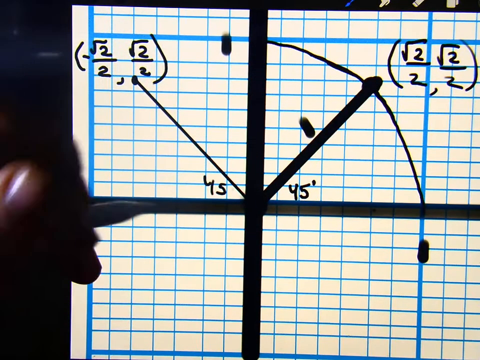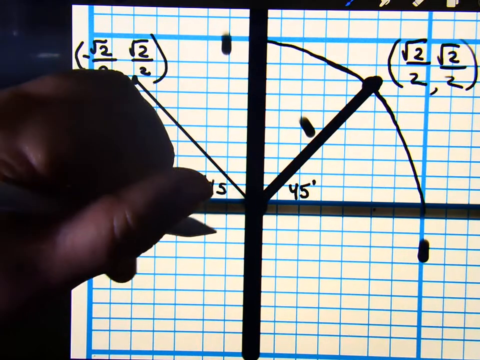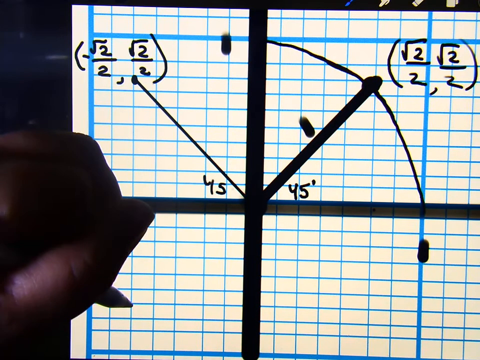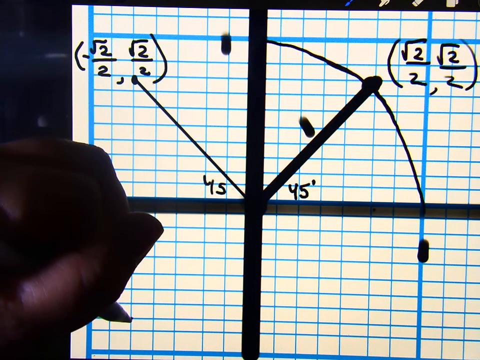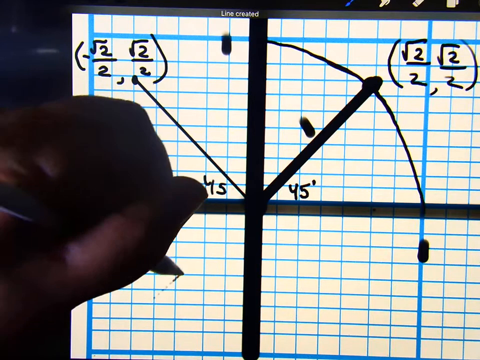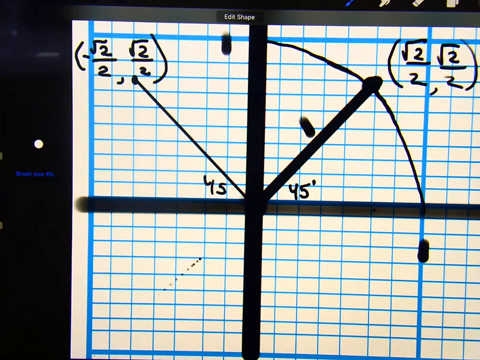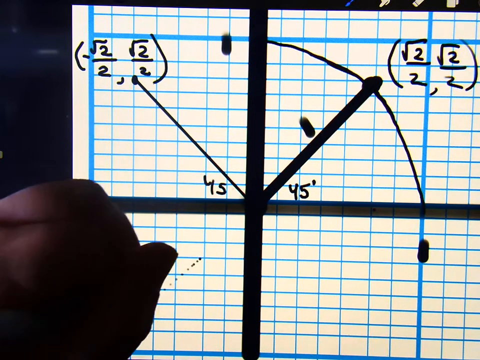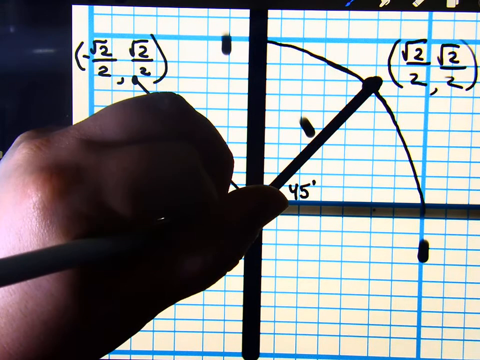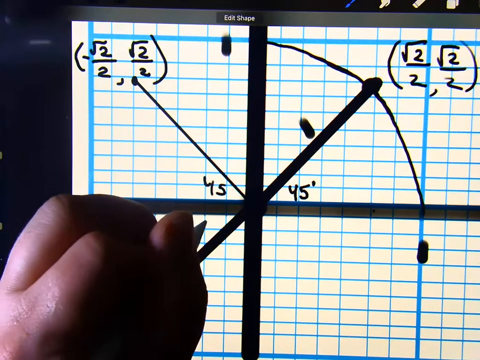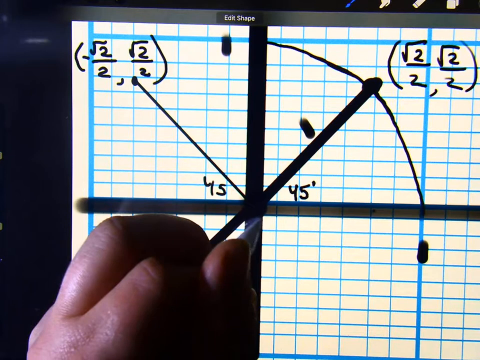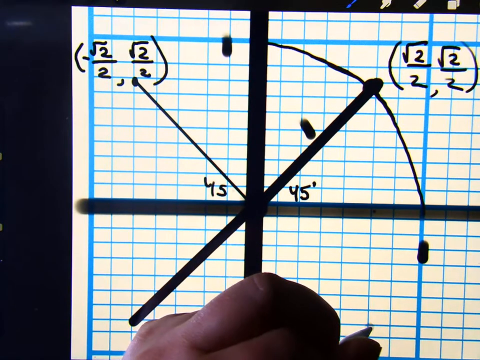So it's like, okay, what if I come down here and extend it out? Oops. That's my line there a little bit. This way. And this is a 45 and a 45. What if I extend it out this way?